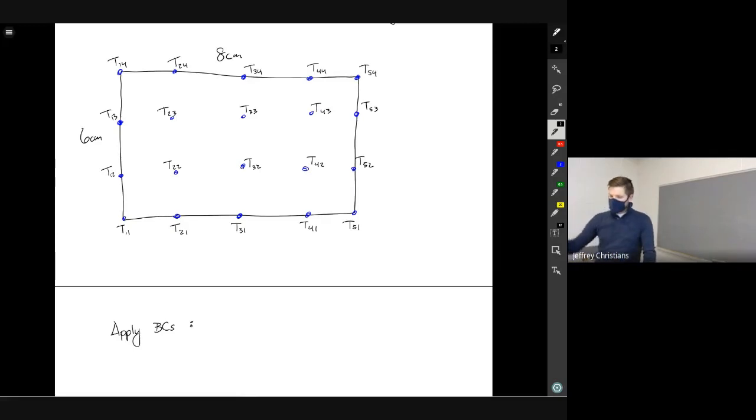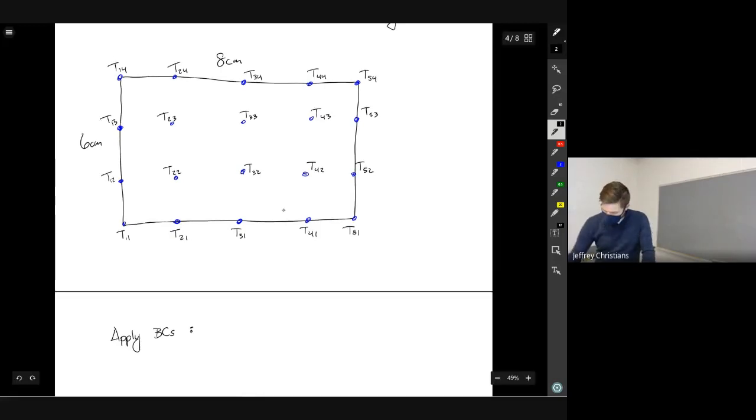Our boundary condition at the top was what we called TB, so T(m,4) equals TB.